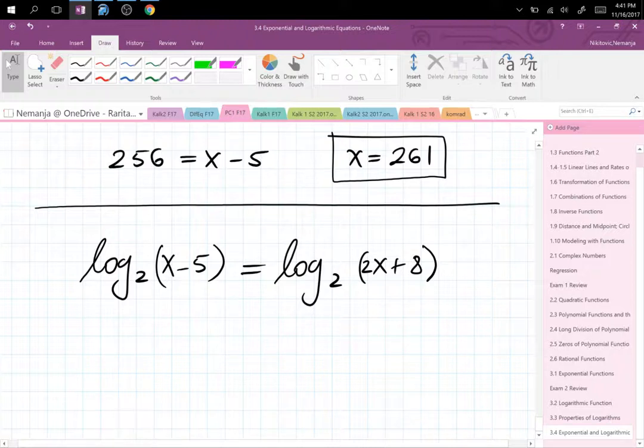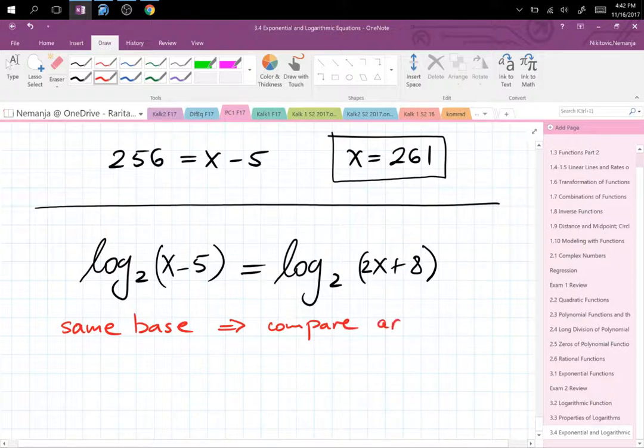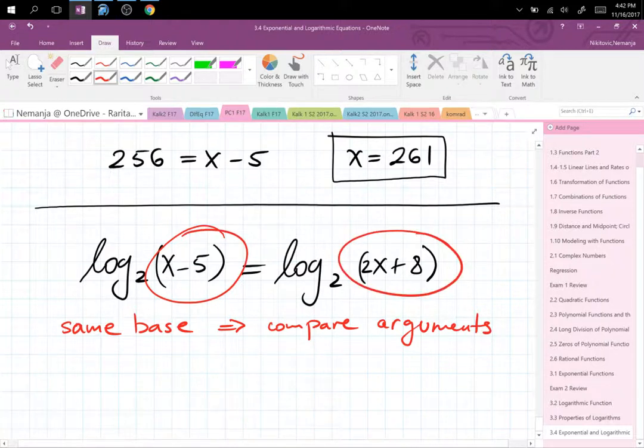You have the same base. Same base means you can compare the logs. Same base implies compare arguments. These things are called the argument of the log. Whatever is there, it's called the argument.